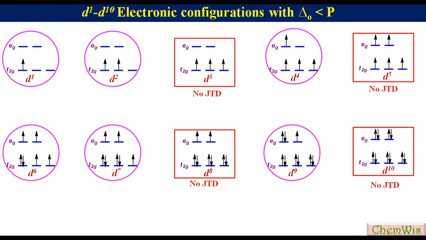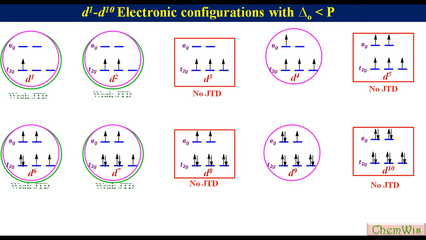Among these, d1, d2, d6 and d7 with unsymmetrically filled t2g orbitals will show weak Jahn-Teller distortion, while d4 and d9 with unsymmetrically filled eg orbitals will show a strong Jahn-Teller distortion.